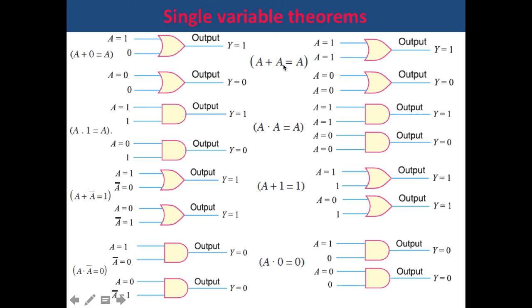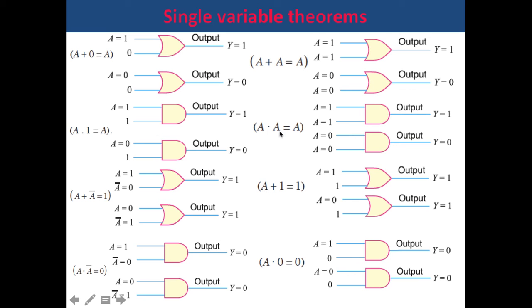So A plus A is equal to A. Sixth theorem, A dot A is equal to A. So if we take A is equal to 1, this is AND gate, so 1 dot 1, output is 1. 0, so 0, output is 0.